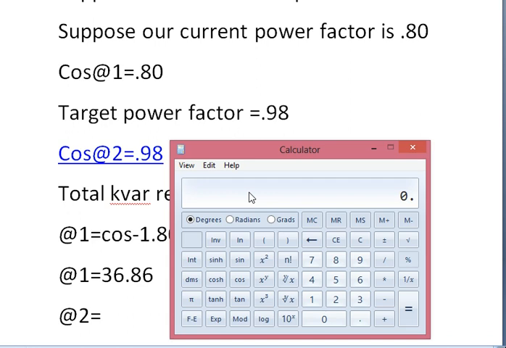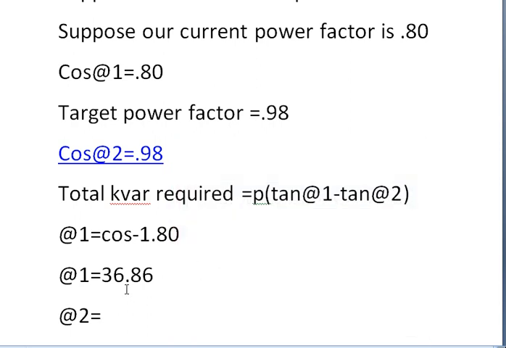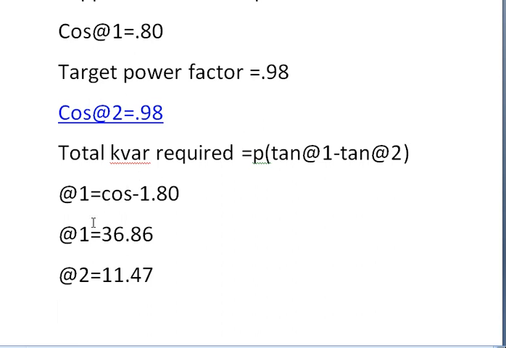The cos inverse of 0.98 is 11.47. So now we know the values of phi 1 and phi 2.